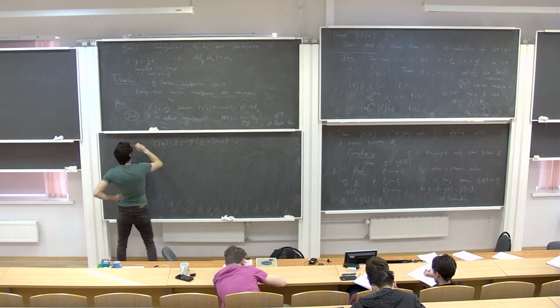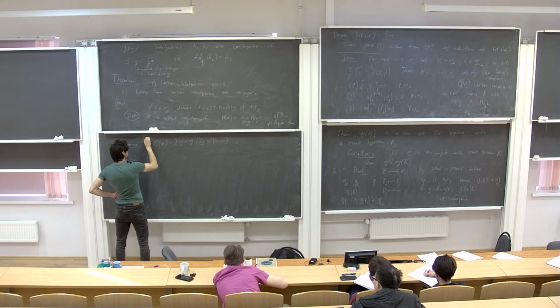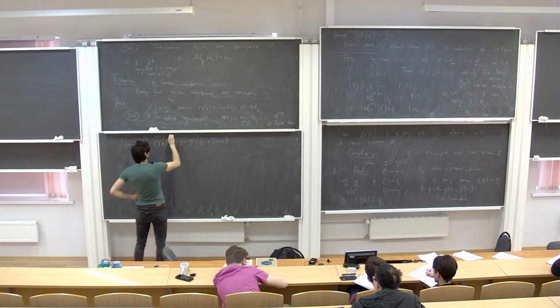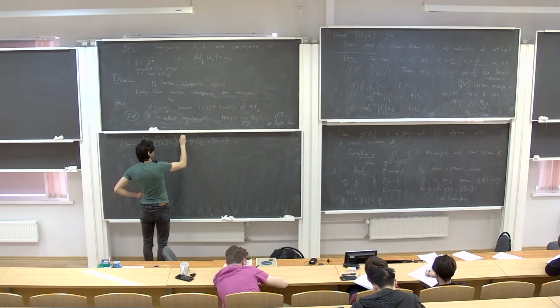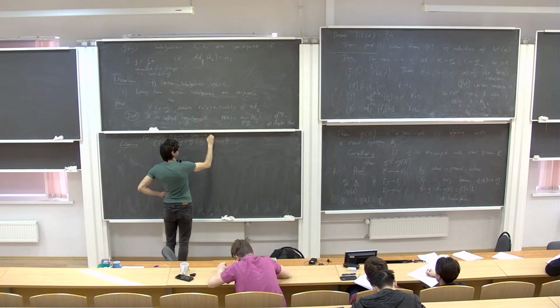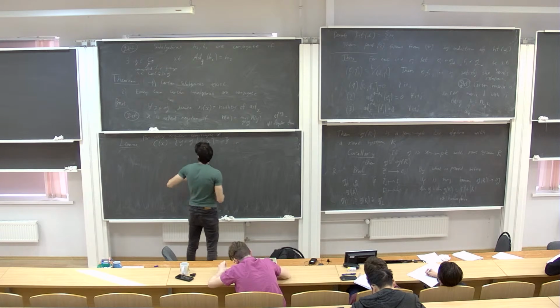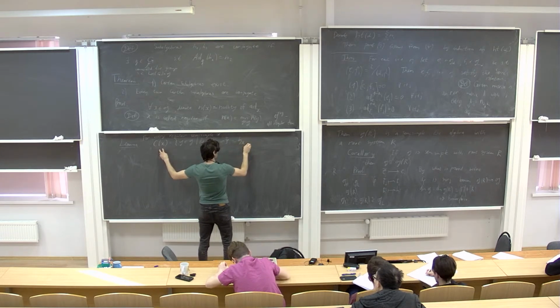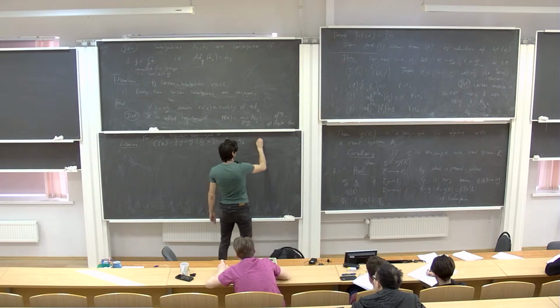So the lemma goes like this: for every regular semi-simple x, C(x), which we can also denote as h_x, is a Cartan subalgebra.